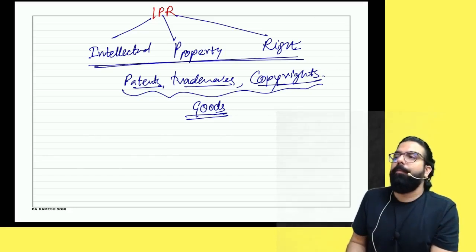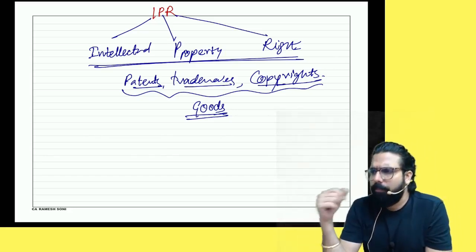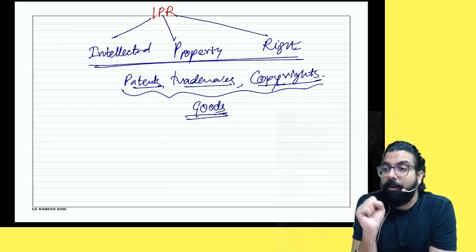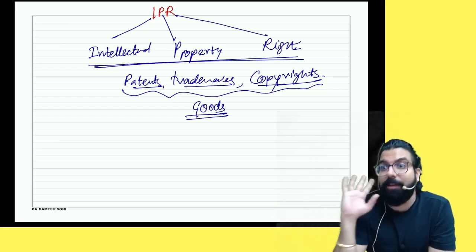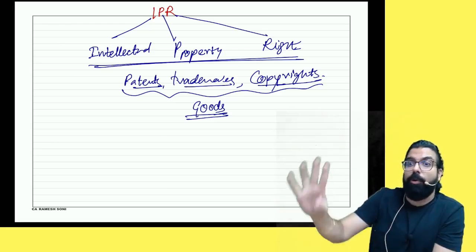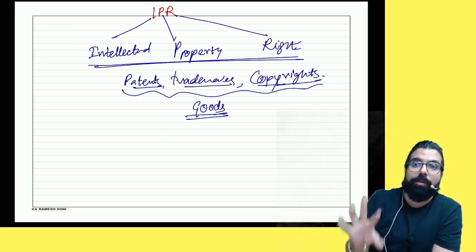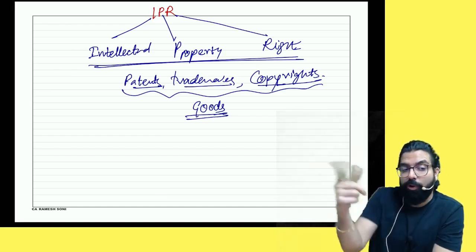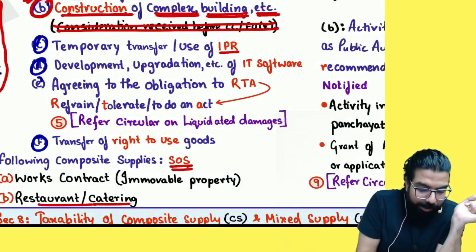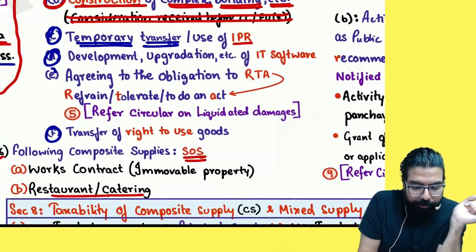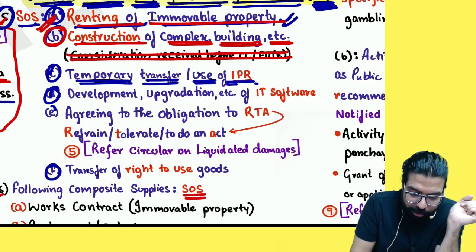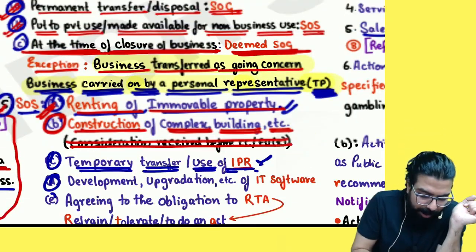For example, madam, your name? Aishwarya came and told me, sir, your chart book's copyright, you give it to me for using for some months. I will print books, I will sell books. You give me the copyright to use. Did I sell you the goods or did I give you the right to use? So basically, whenever you temporarily transfer or give someone the right to use the IPR, it is always supply of service.